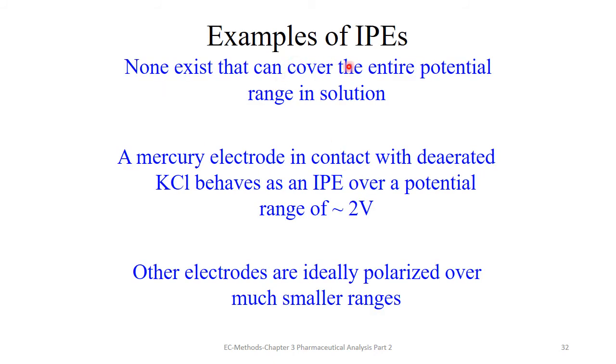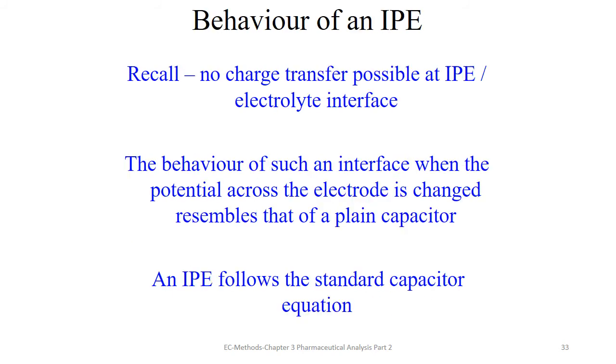No such electrode exists that can cover the entire potential range in solution. A mercury electrode in contact with deaerated potassium chloride behaves as an ideally polarized electrode over a potential range of approximately 2 volts. Other electrodes are ideally polarized over much smaller ranges.